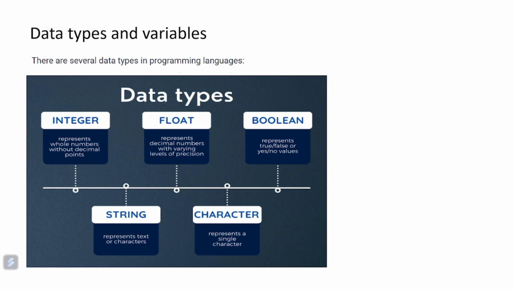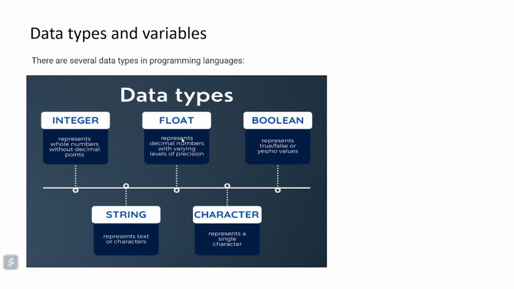Now, data types and variables. There are various types of data types in programming language. Here I included integer, float, boolean, string, character. First is integer: 1, 2, 3. All the numerical numbers, that is 1, 2, 3, 4, 5, 6, these all come under integer.